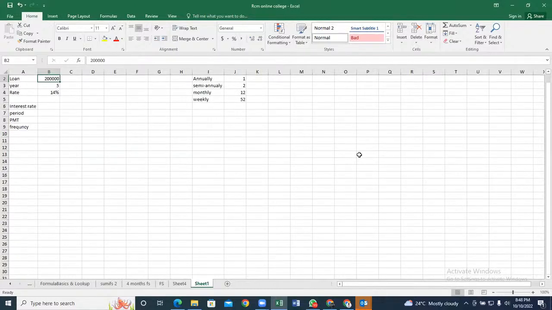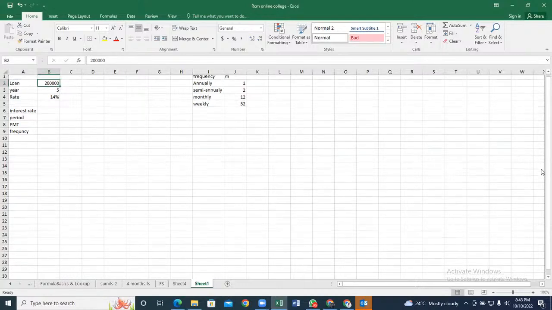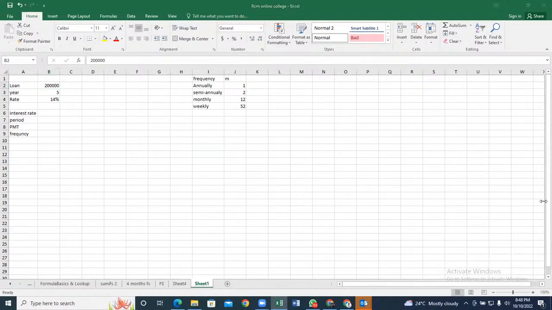Others have not been able to type those values on their screen. I can only see 10 people confirming that they have the values on their screen.